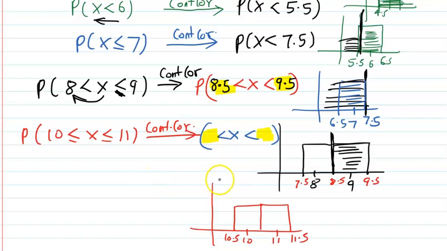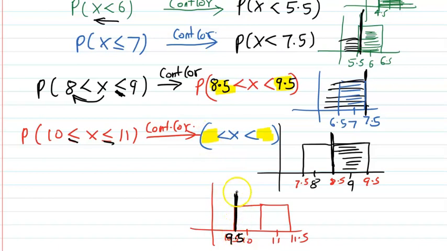Yes, this time I'm asking girls. Any girl can explain what is coming here? 10 is included and 11 is also included. Yeah, please. 10.5. First value or second value? First value can't be 10.5 because 10 is starting from, sorry, I have written wrong. It should be 9.5. 10 is starting from here, 9.5.